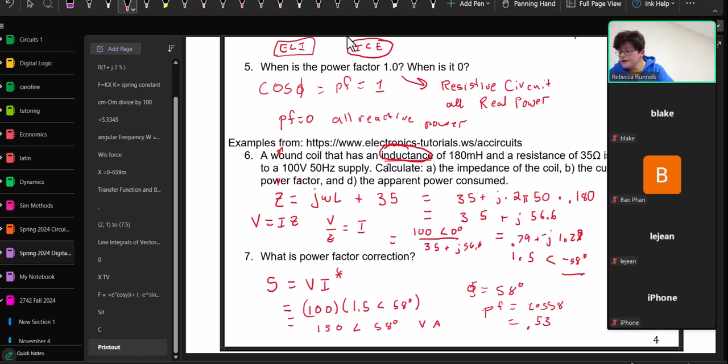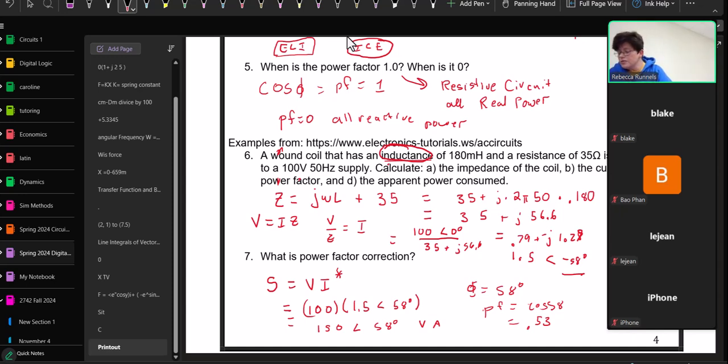All right. So, power factor correction. The reason we care about all this is that what you can use is the real power, and the reactive power may make it seem like you have more power than you do.